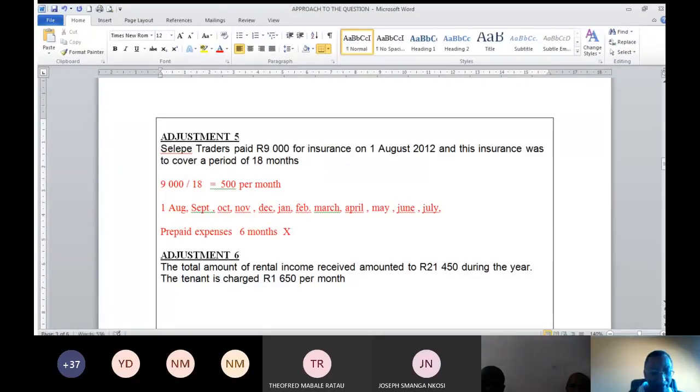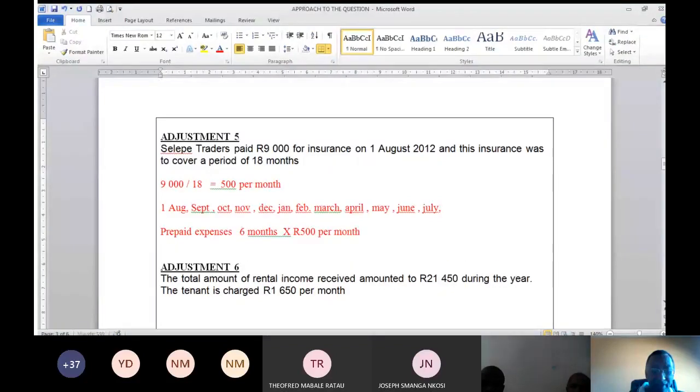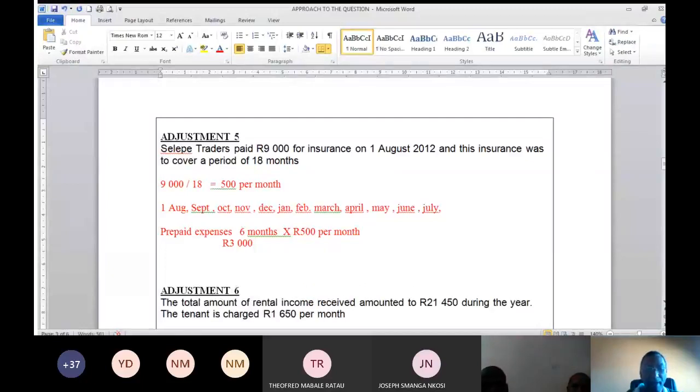You are paying 500 Rand per month. Paid expenses is actually the amount of 3,000 Rand. So 3,000 Rand, 6 months you've paid extra, and that is classified as prepaid expenses.